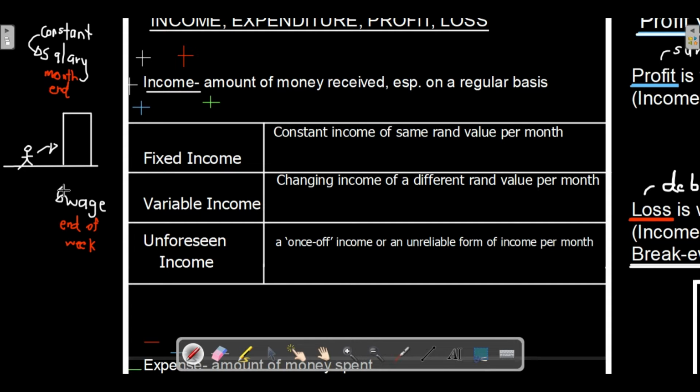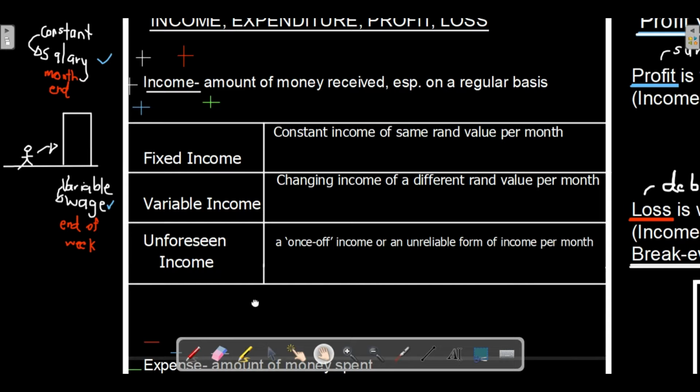So this is not constant, but rather it fluctuates. Or let me rather use the term variable. Variable means that it is not constant, it keeps on changing depending on multiple factors. In this case, it depends solely on the number of hours that you have worked during that particular week. So know the difference between a salary and a wage.